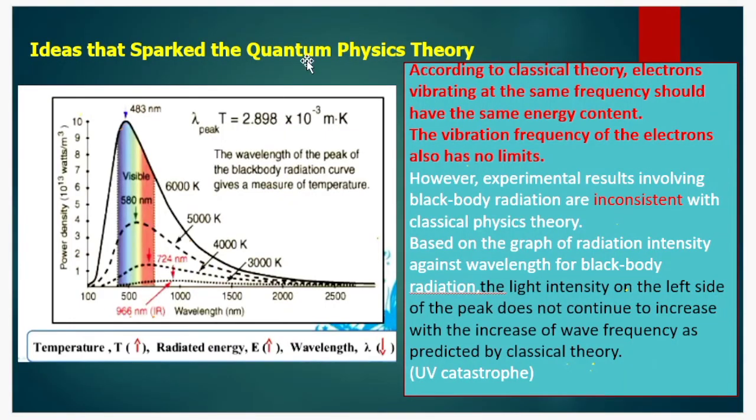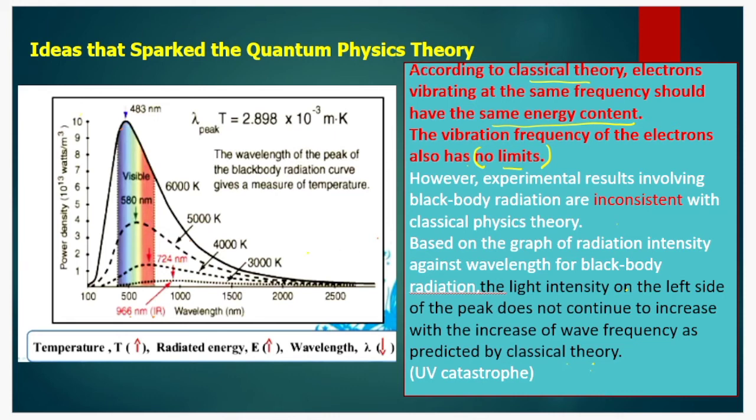Let's discuss more how quantum physics theory is able to explain this graph. According to classical theory, electrons vibrating at the same frequency should have the same energy content. The vibration frequency of electrons also has no limits.